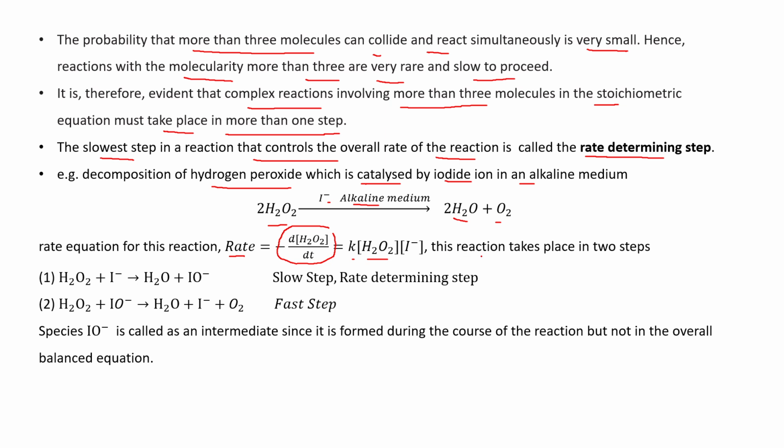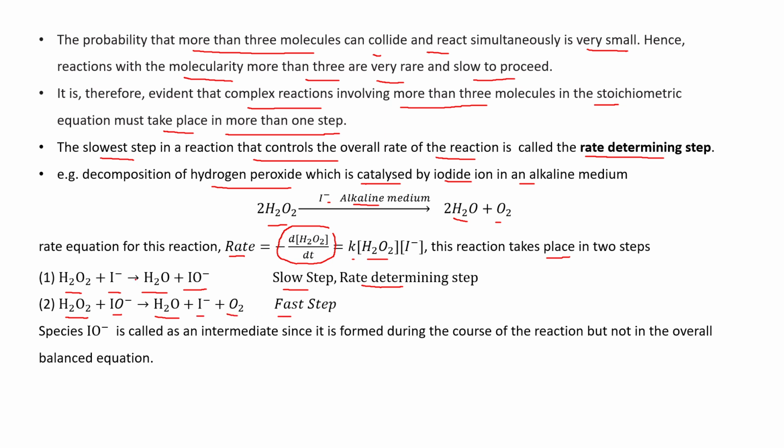It means this is a complex reaction and it takes place in two steps. In the first step, H2O2 reacts with I minus, forming H2O plus IO minus, and this is a slow step. That's why this is the rate determining step. In the second step, H2O2 reacts with IO minus, forming H2O, I minus and O2, and this is the fast step.